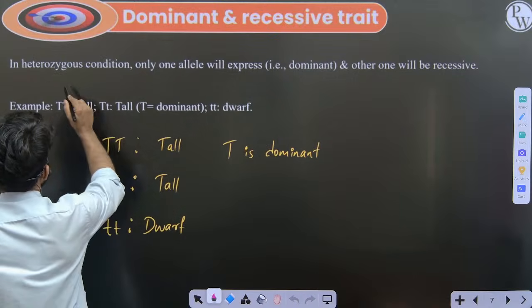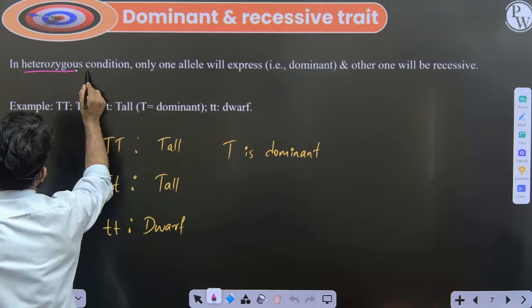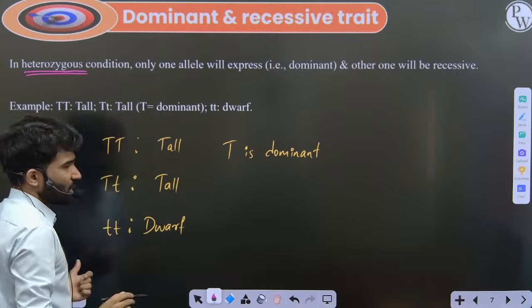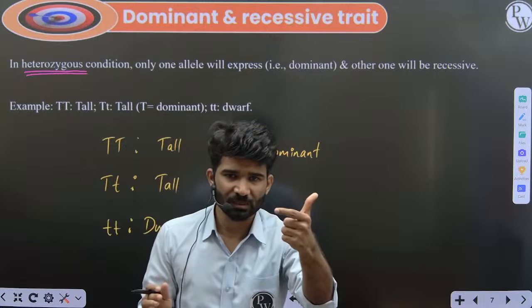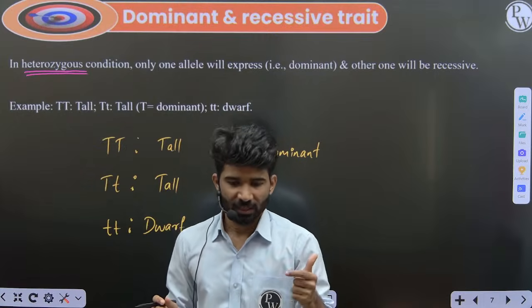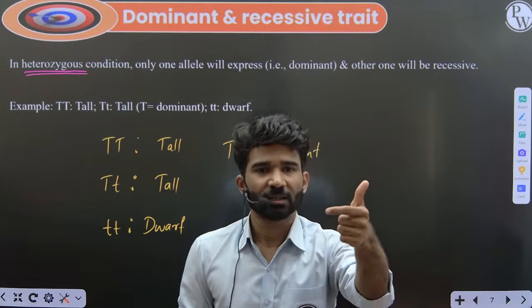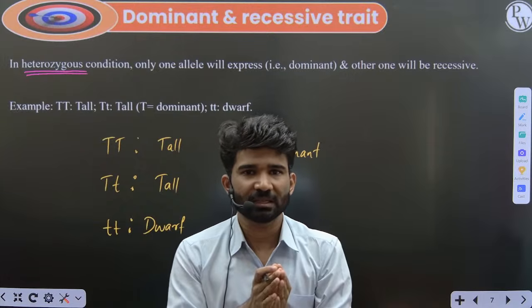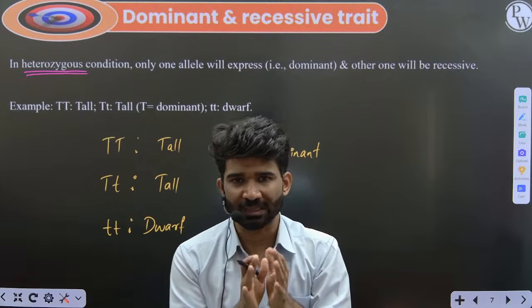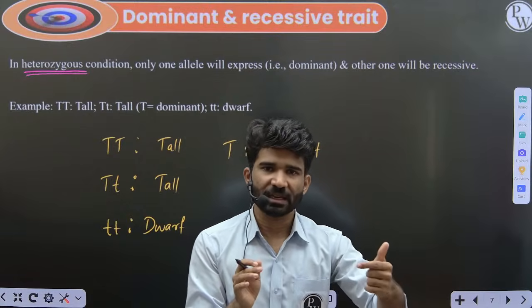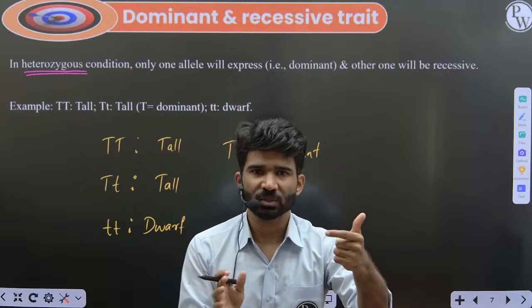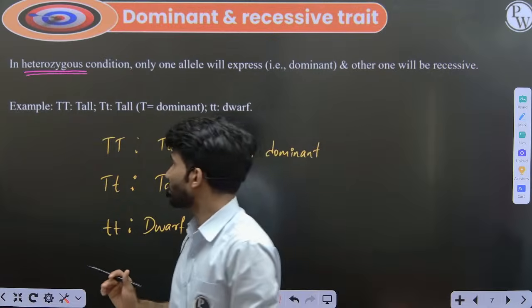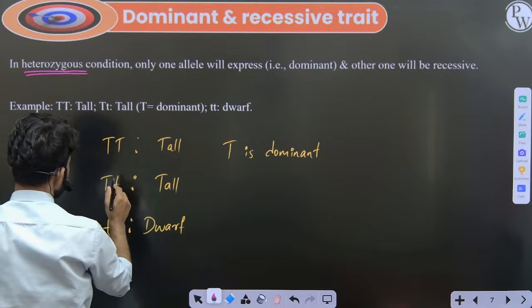You already know what homozygous as well as heterozygous conditions are. If a particular gene has a similar kind of allele pair, that is called homozygous. If a gene has a pair of alleles of different kinds, that is called heterozygous. You can see an example here.